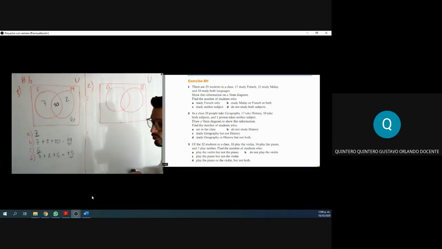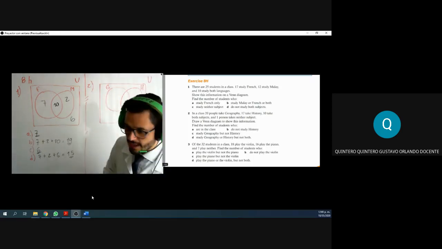And whenever we have diagrams of three circles, like these ones, 1, 2, and 3, that could happen as well. That will happen eventually. I don't think this will happen in this exercise, but this will happen. Try to fill in the information from the intersection first and then outside, right? That will make things a lot easier for you.